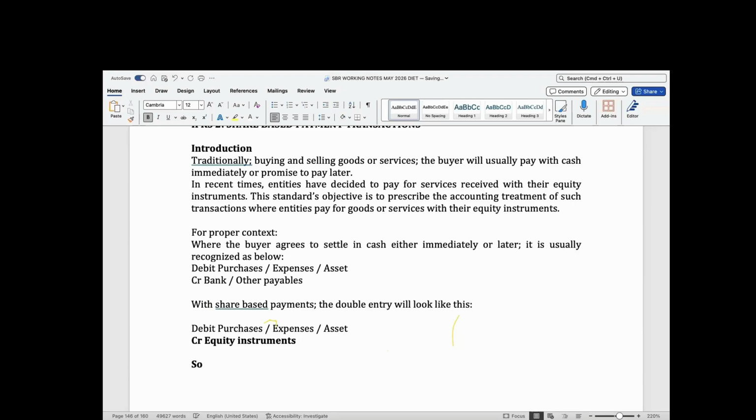So basically, what we want to learn here is when to recognize this expense and how much, or the value, that is recognized.